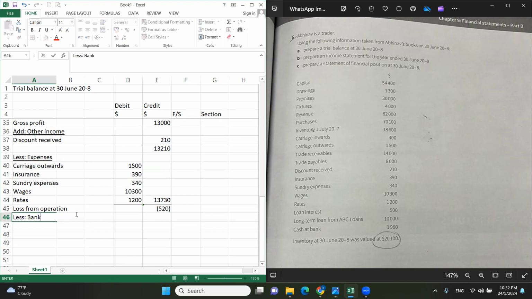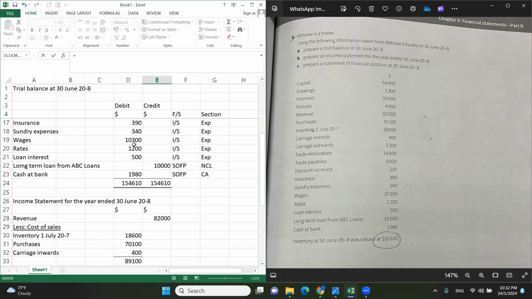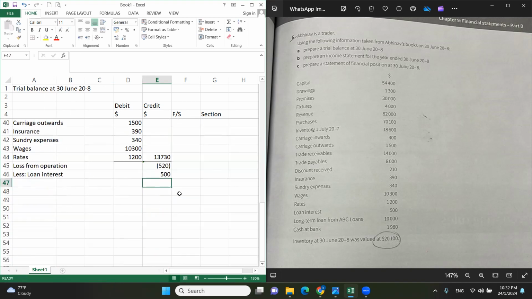Okay, now next is that less bank loan interest, because loan interest, the new syllabus is minus after the profit or loss from the operation. Okay, so there is a change of the syllabus. So 500. So this one minus, so you become negative. So negative 1,020, we put bracket.